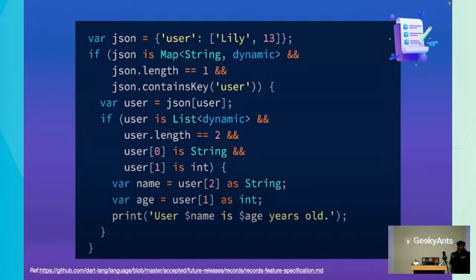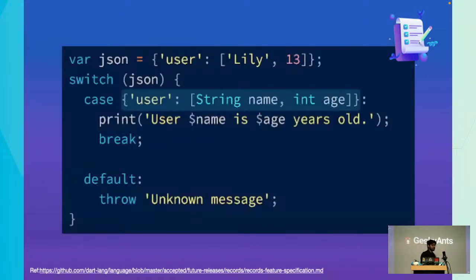Then you will also check if my first one is a string, the second is an int, a lot of things. And this can be removed with the pattern. Now you will have just a simple thing. Because you already created a pattern, you can have a switch statement or if statement. You can say, does this look like this? If yes, then give me the values.